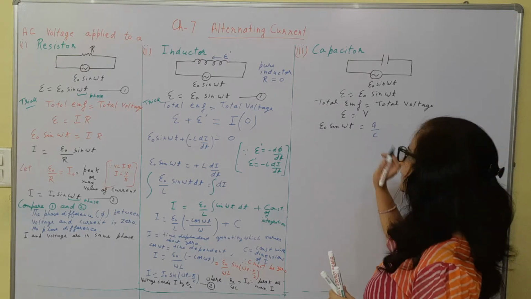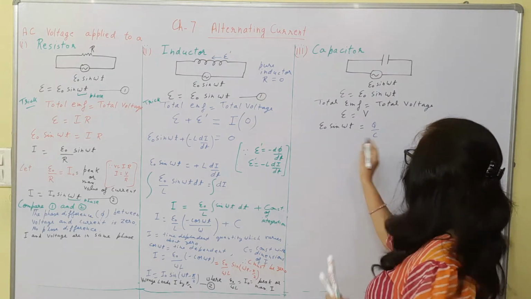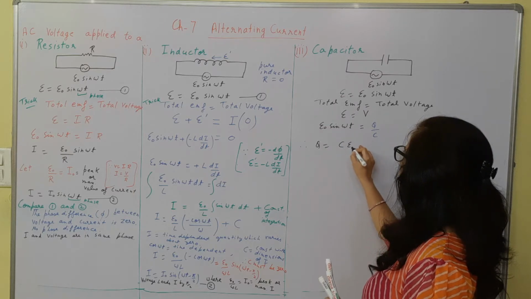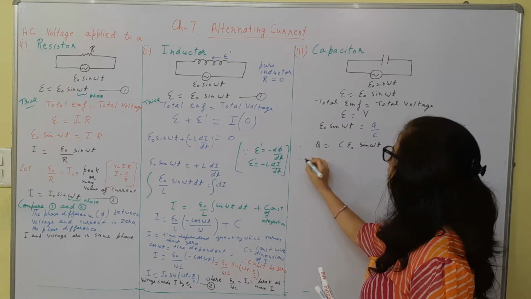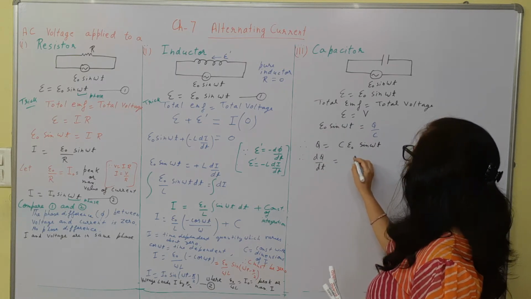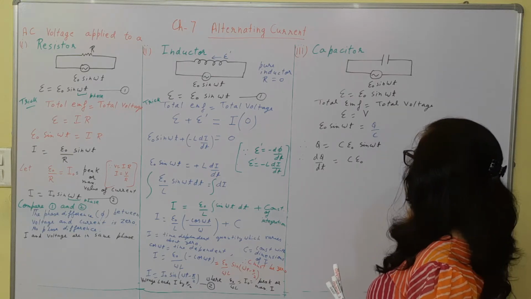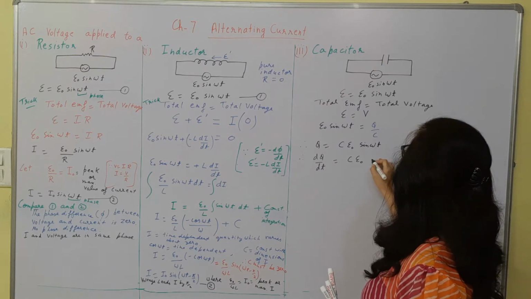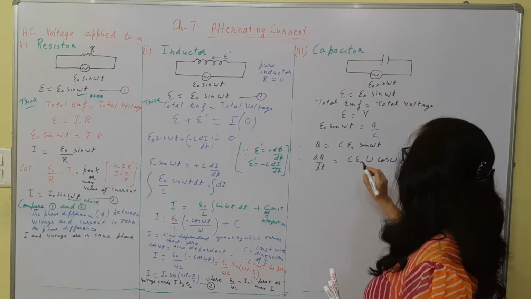Now we have to find the current value. Current can be written as dQ by dt. So we can write down Q is equal to C E naught sine omega t. So therefore dQ by dt is equal to C E naught, and the derivative of sine omega t is omega cos omega t.